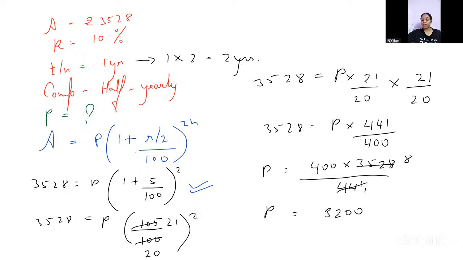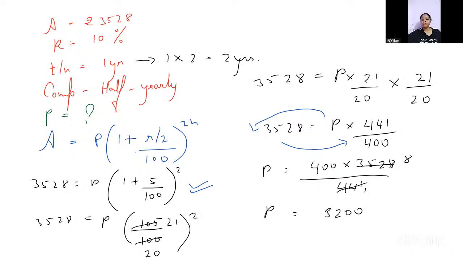See, when this P comes here and this 3528 goes there, it will go into multiplication, but 441 and 400 is in divide. So usually when another value comes here, which is with something in fractions, we take the reciprocal of the fraction to solve it.